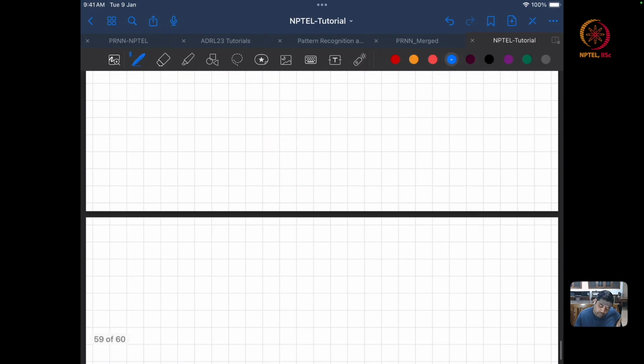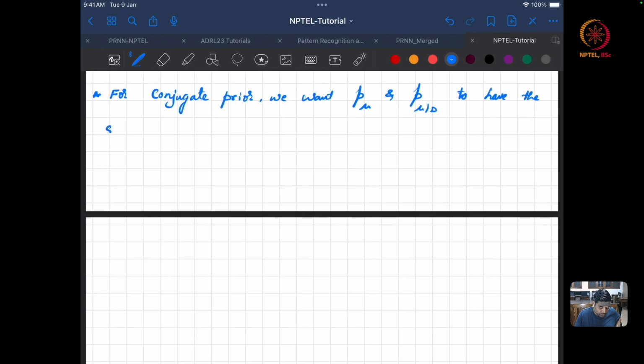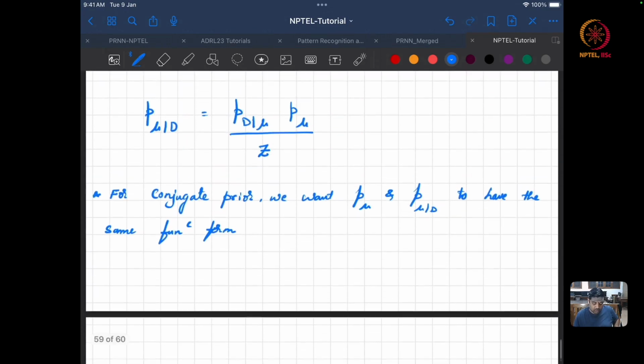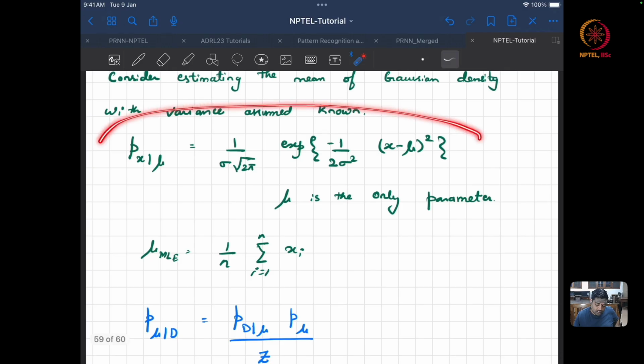So let's make a note of this: for a conjugate prior, we want P of mu and P of mu given D to have the same functional form. And this is for one data point.